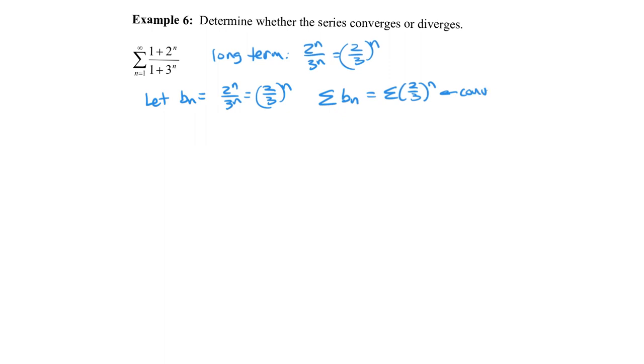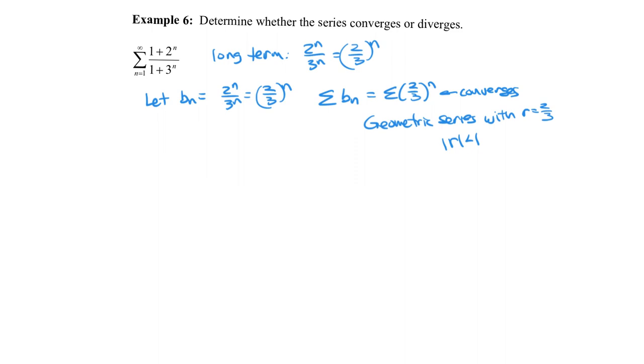This converges because it is a geometric series with r equal to 2/3. Remember, when the absolute value of r is less than 1, the series converges. Okay, so we're going to compare it to this.